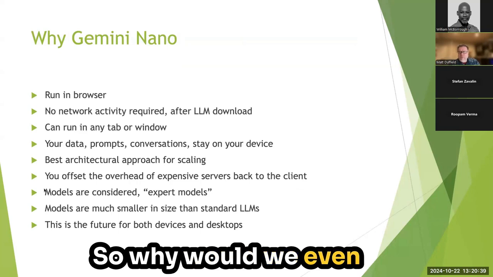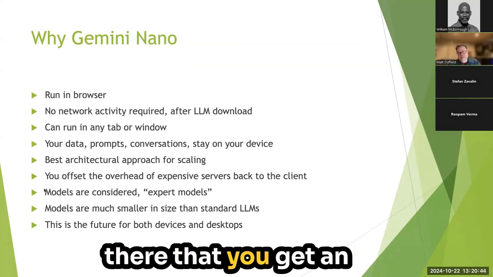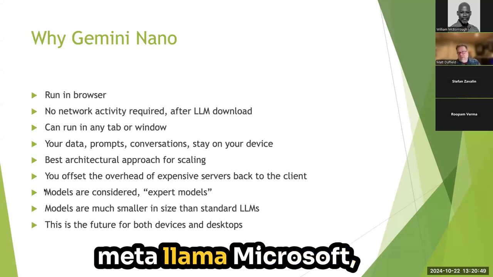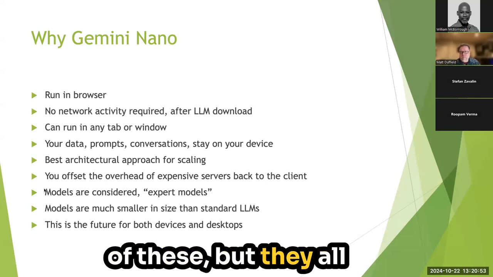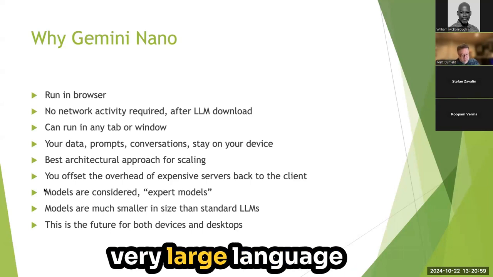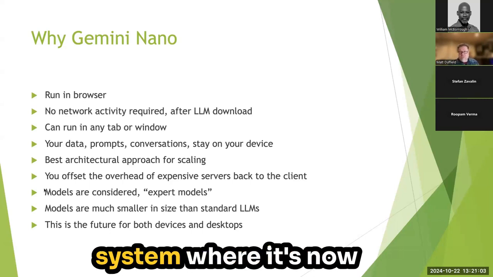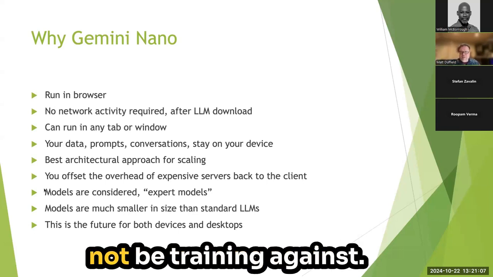Okay, so why would we even want to use Gemini Nano? There are so many large language models out there that you get inundated. ChatGPT, Meta's Llama, Microsoft, they all have their own tweak or implementation of these, but they all come at a cost, right? Number one, if you use any of these very large language models, you're having to enter your query into a browser or into a system where it's now going across the web and hitting servers, which they may or may not be training against.